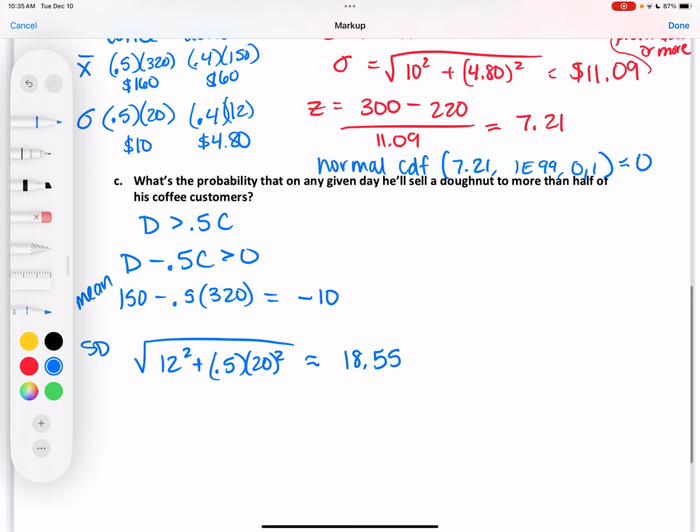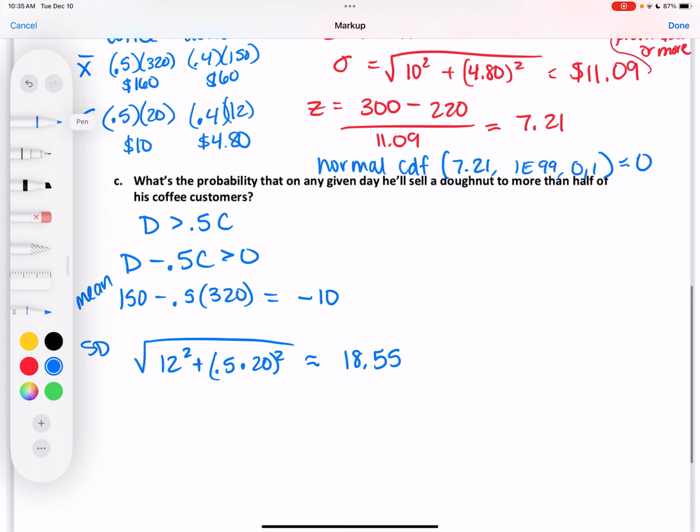Number seems really high. Hold on. That's right. This is something we have, whenever we're multiplying by a scalar, so like half of the coffee customers: we actually need to multiply this first and then square the whole number.